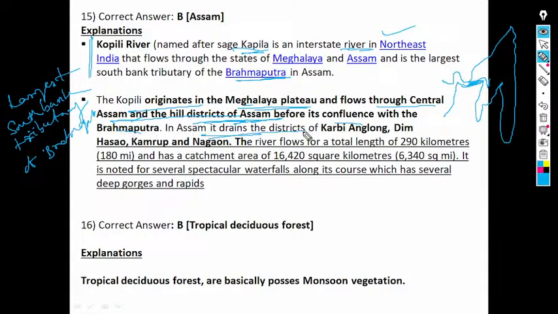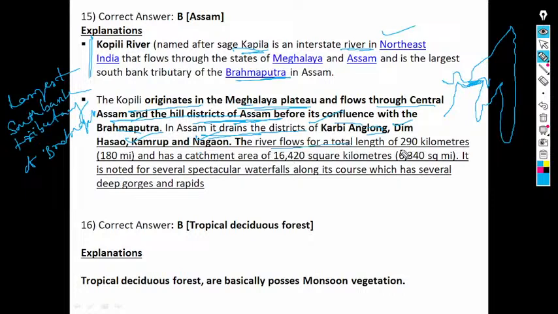In Assam it drains the districts of Karbi Anglong, Dima Hasao, Kamrup and Nagaon. Kamrup and Nagaon, particularly the major states of the flow.